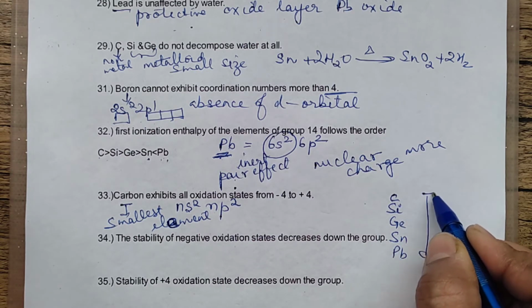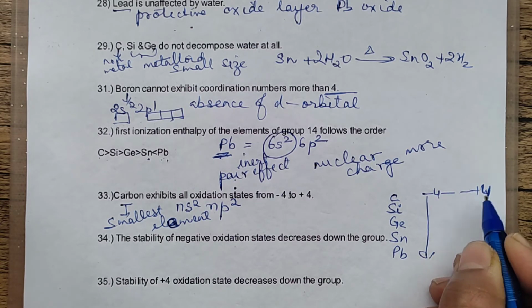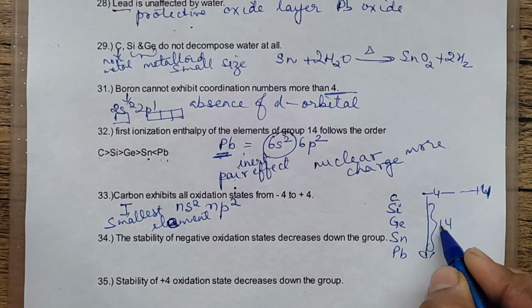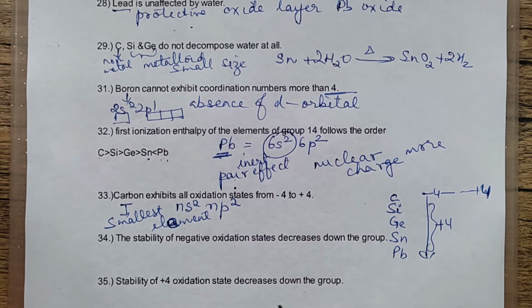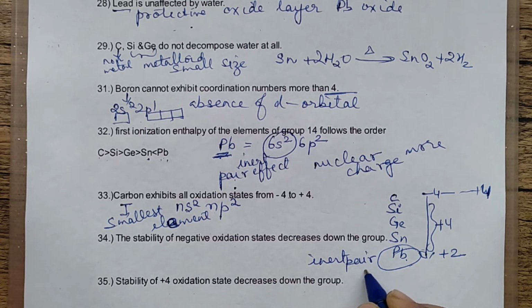The first element can have all oxidation states from -4 to +4, whereas the other elements can have maximum up to +4, but -4 will not be shown by them. And the last element, that is lead, will not be able to show +4 also. It will be showing only +2 oxidation state because of inert pair effect. That is one of the consequences of lanthanide contraction. The pair of the s electron gets inert.